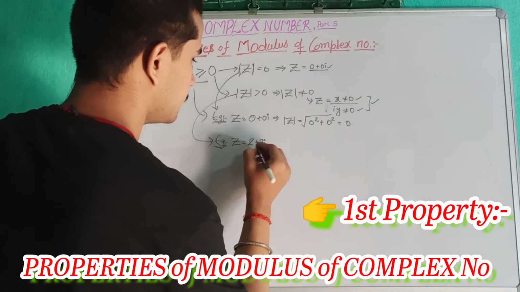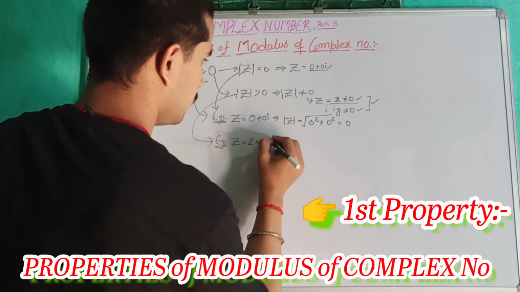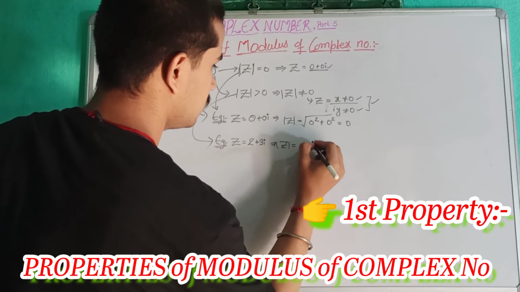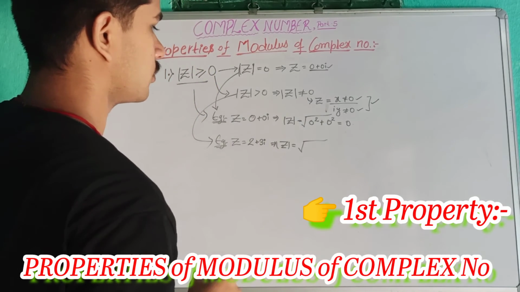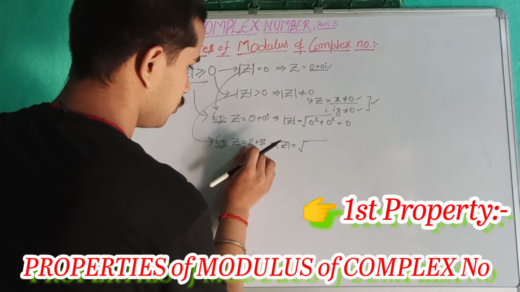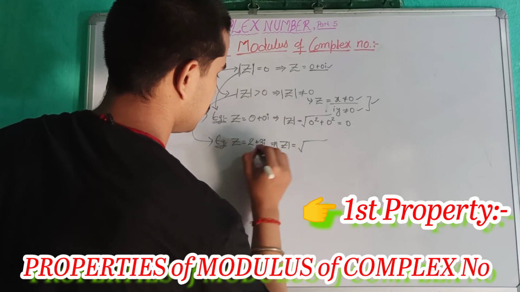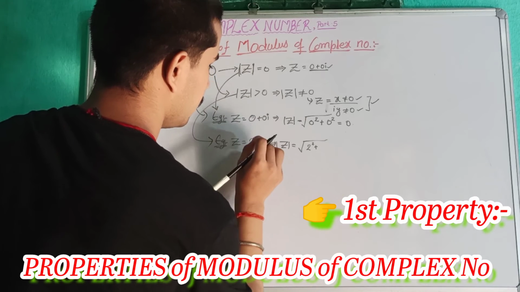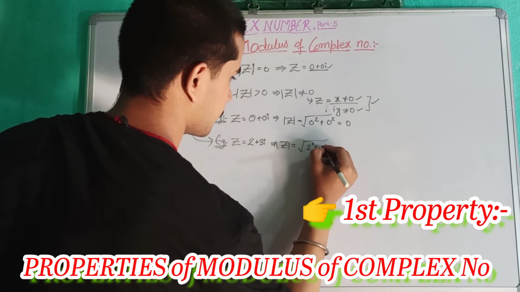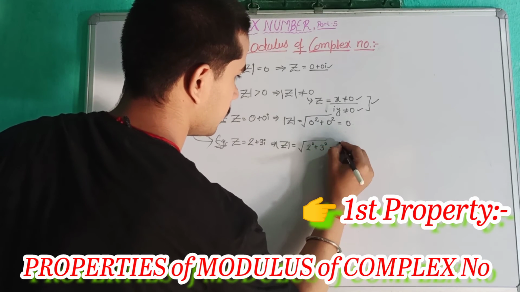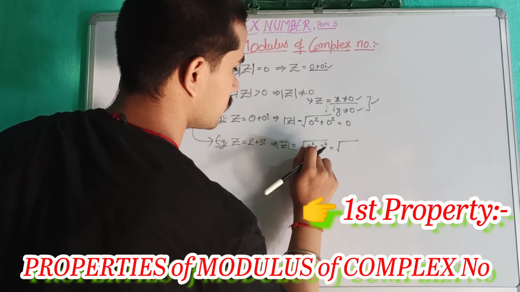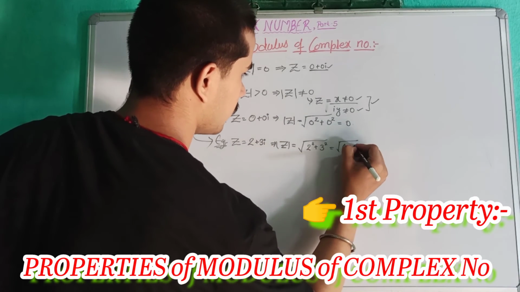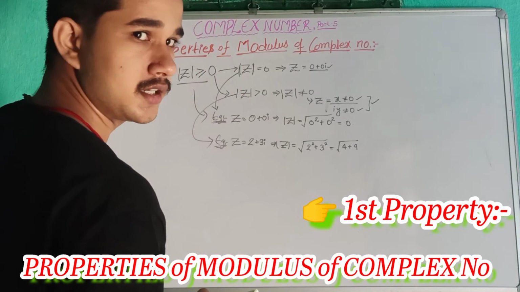So we can say that its modulus will be under the root. The formula we told last time is the square root of the real part squared plus the imaginary part squared, so 2 squared plus 3 squared. That is nothing but under the root, 2 squared is 4 plus 3 squared is 9, isn't it?